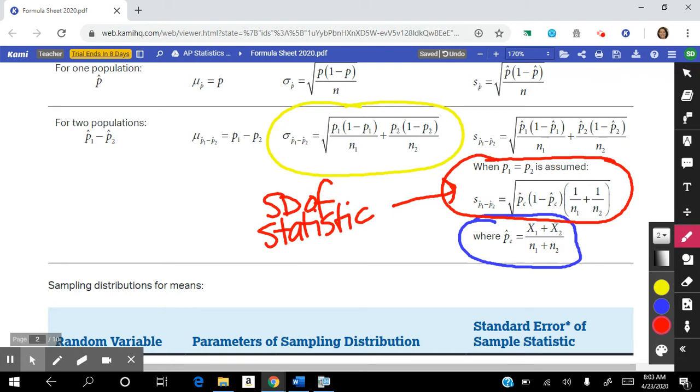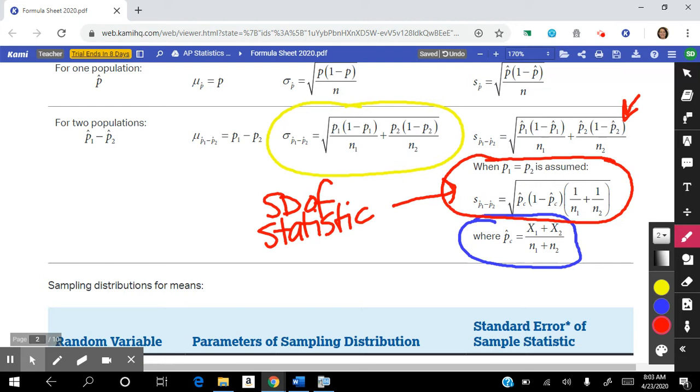Now, I want you to compare this top formula where I have the samples right here to what we just did, to what's typed right there. And you've got a choice to make here. You can trust that when P1 is equal to P2, the standard error, or the standard deviation, is given by this formula down below.